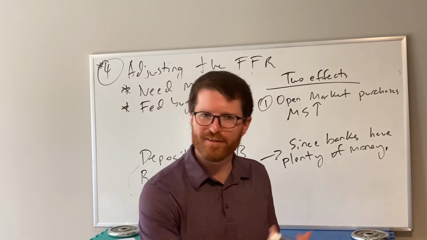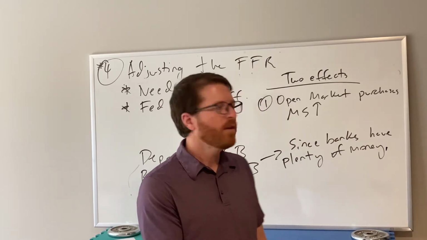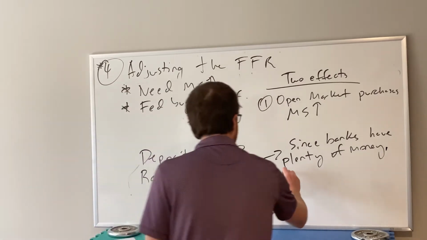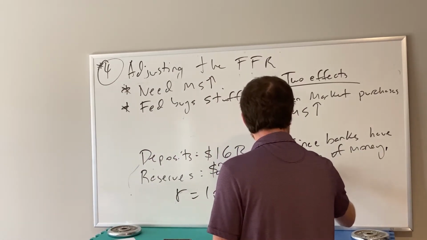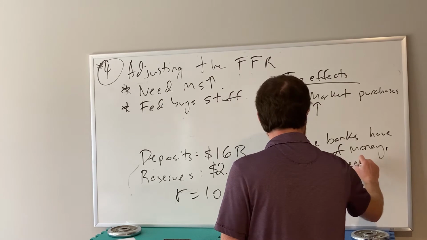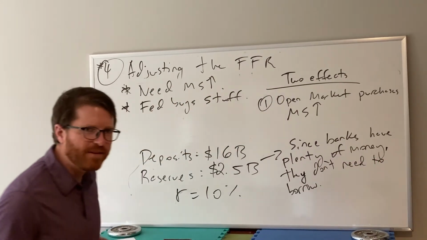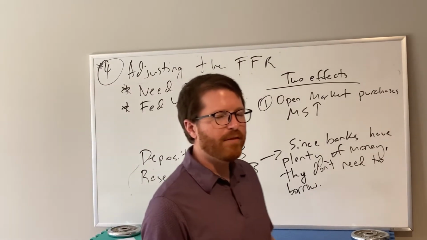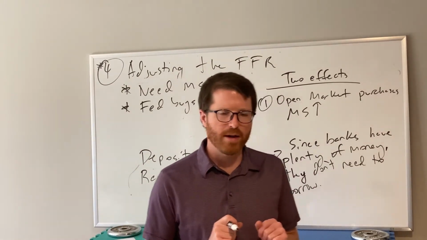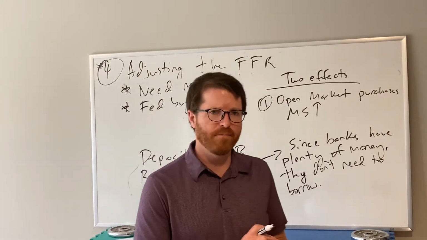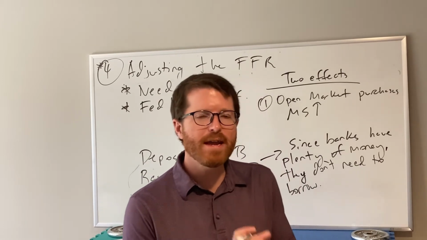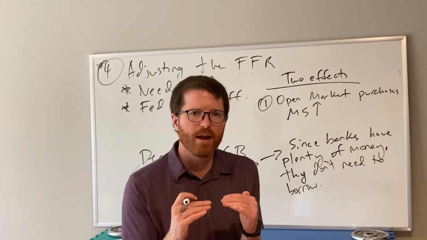If you all have lots of money, you don't need to borrow, right? So since the banks have plenty of money, they don't need to borrow. And if they don't need to borrow, that's going to affect interest rates in the federal funds market. If banks don't need to borrow, interest rates are going down.